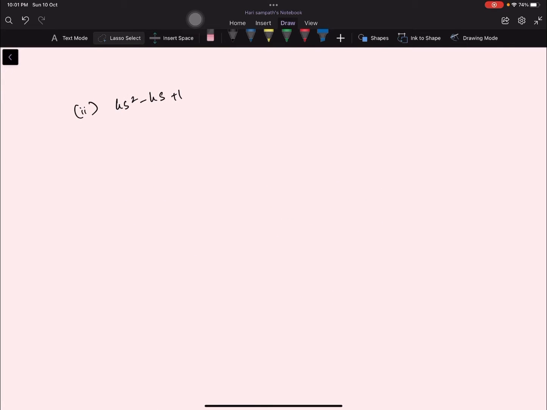So in the second sum, it is 4s square minus 4s plus 1. This is a very easy sum. And for these kinds of sums, you have to use identities, guys. First, we'll be using the (a minus b) square identity, that is a square plus b square minus 2ab, because as you can see, this looks similar to it. This will be a square, this will be b square, and this will be minus 2ab.